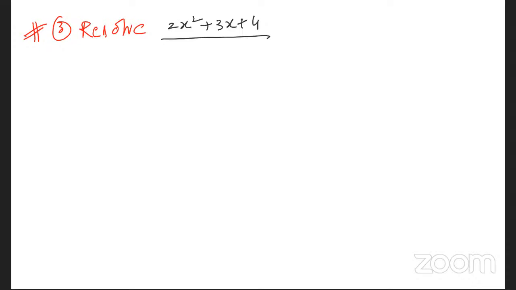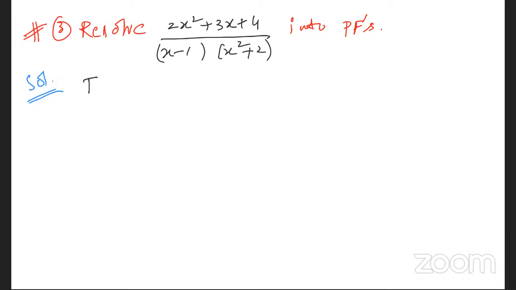Now, let us consider this as problem 3. Resolve (2x² + 3x + 4) / ((x − 1)(x² + 2)) into partial fractions. Solution. First of all, you need to check whether the given fraction is proper or not.